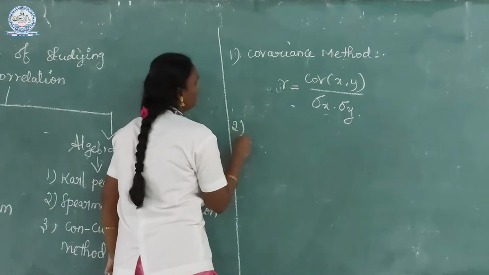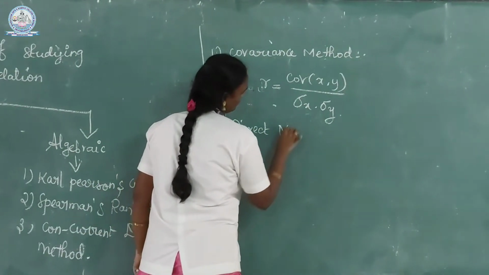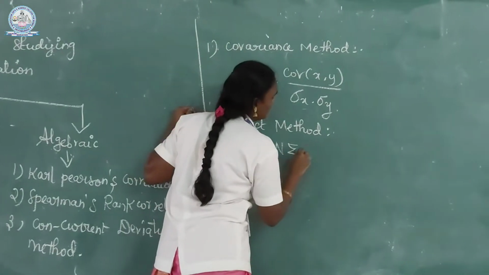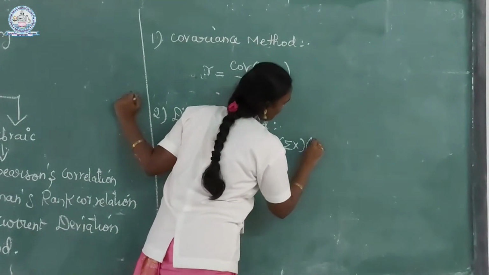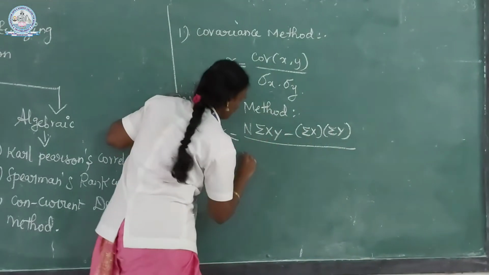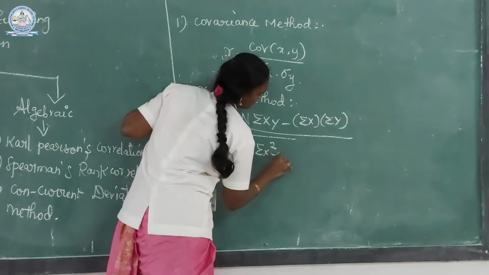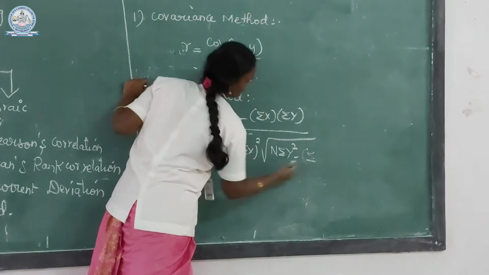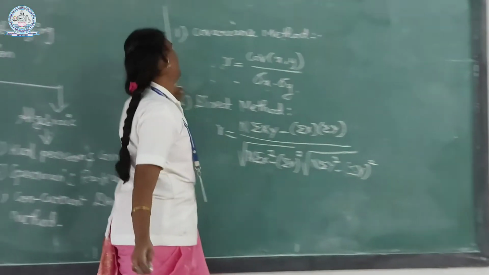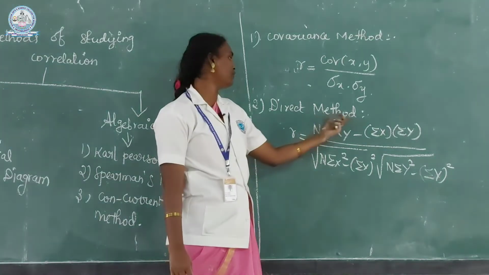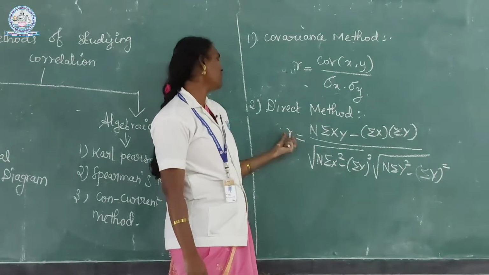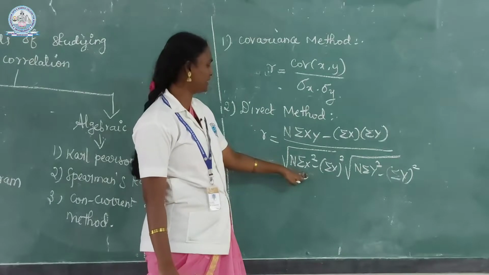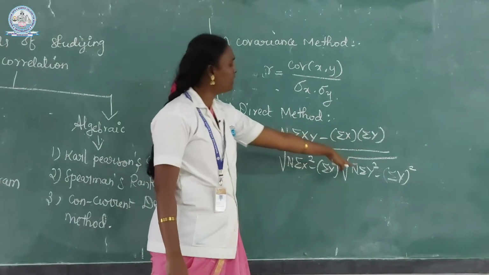Then next, the second one is the direct method. In the direct method, the formula for the Karl Pearson correlation coefficient is R equal to n into summation xy minus summation x into summation y, divided by square root of n into summation x square minus summation x the whole square, and the same term repeated for y.